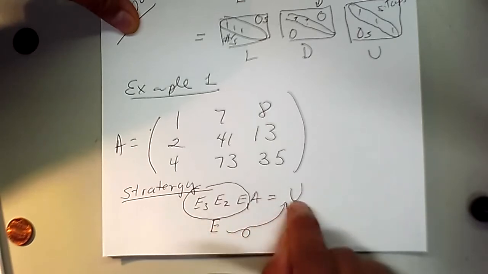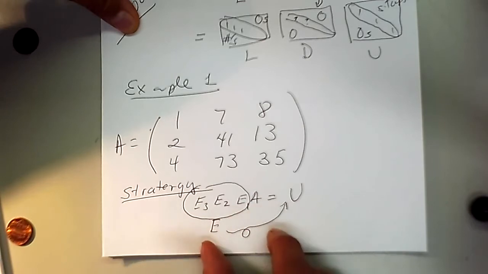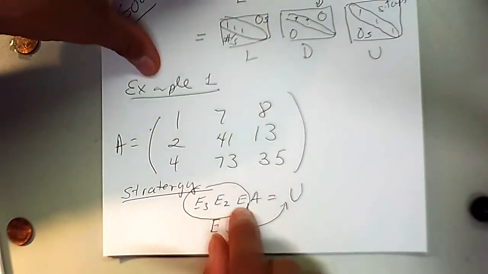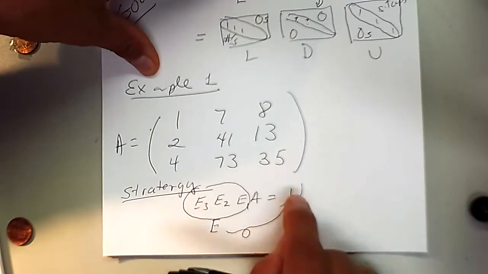So there's a couple of different ways to go about that. But what I'm trying to tell you is that we've got to go through those steps, and then there's one further step to get to the L.